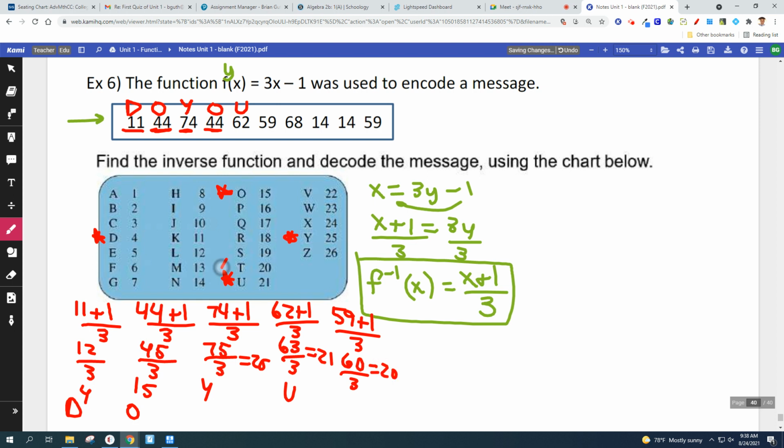And 20 is T. Notice there's another T over here. 68 plus 1 over 3, that's 69 over 3, what's that, 23? 23 is the letter W. 14 plus 1 over 3, 15 over 3 is 5. 5 is E.